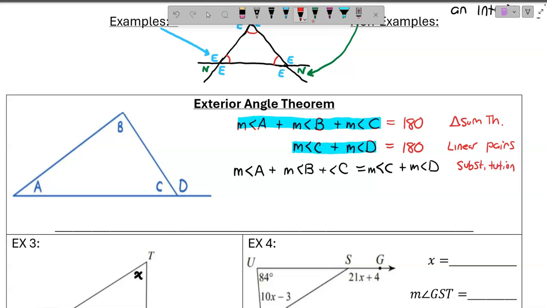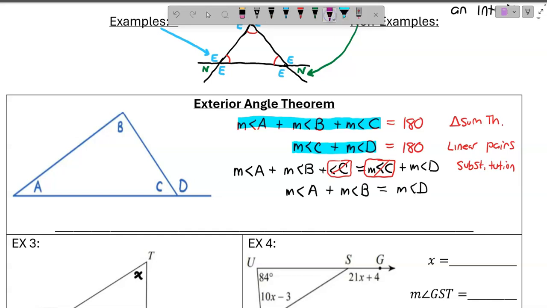So on the right-hand side, I'm just jotting down my thoughts of why I'm writing that. Now, because there is an angle C here and an angle C here, we could essentially subtract them away from each other, creating our final form here, which is that the measure of angle A plus the measure of angle B equals the measure of angle D.